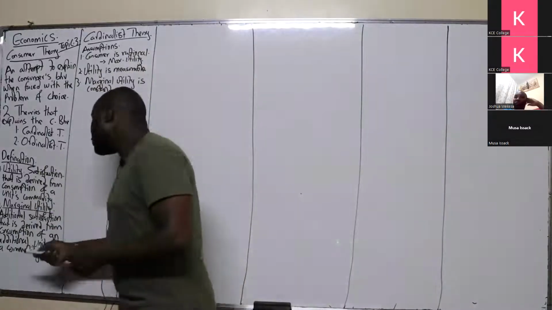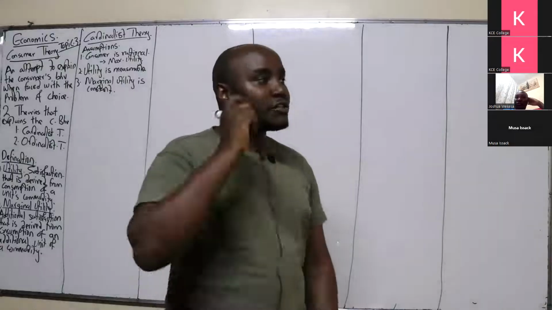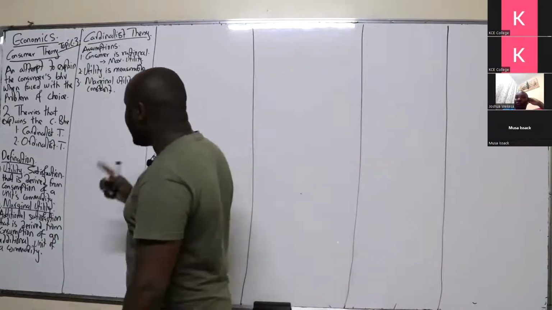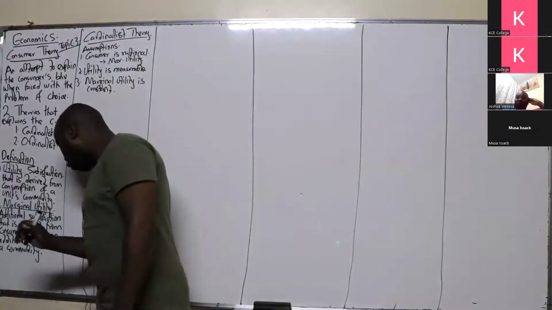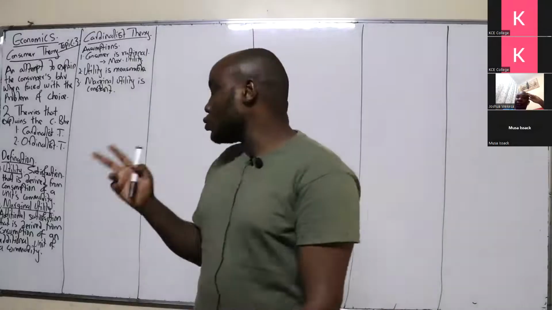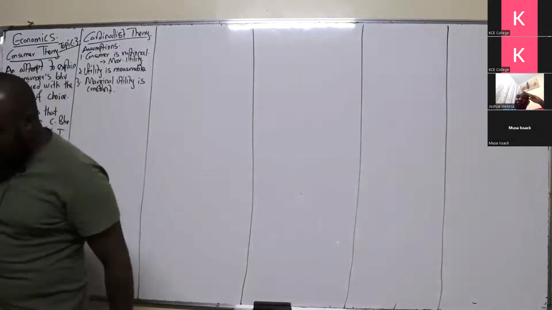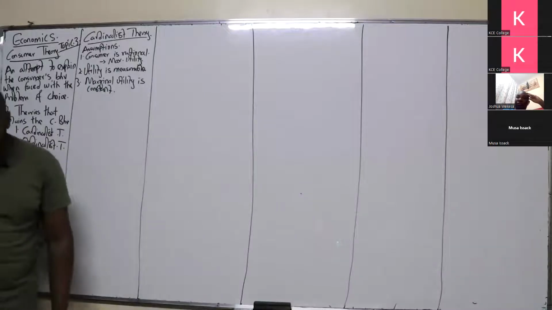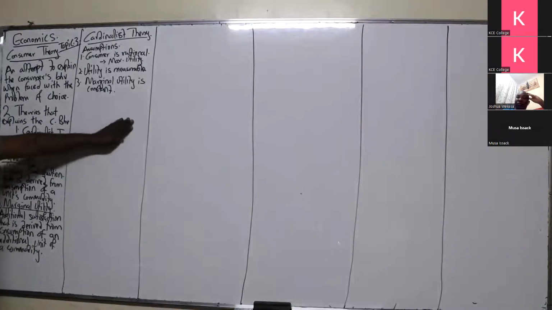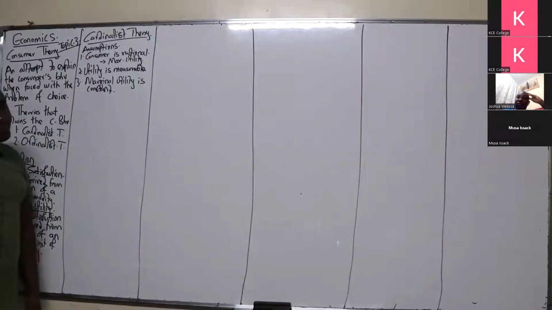The additional satisfaction, if it is 2, then even if you are consuming any commodity, it shall always be 2. Those are the assumptions of the Cardinalist theory.